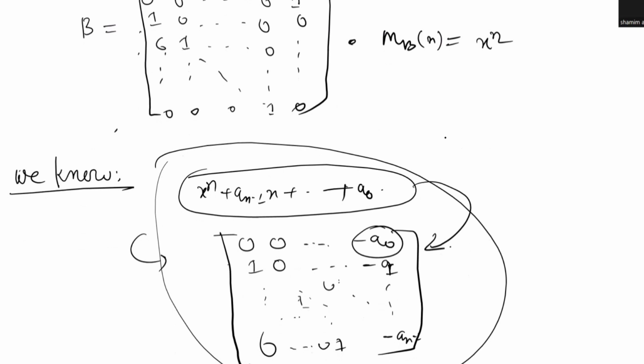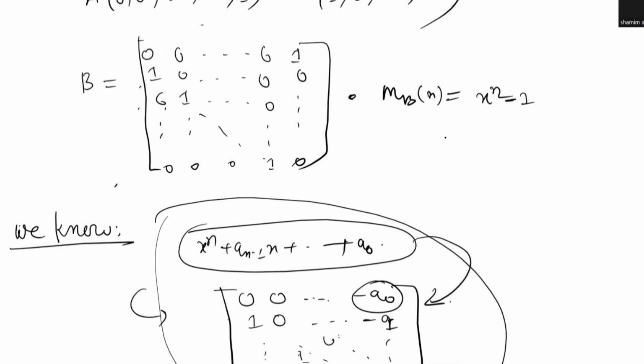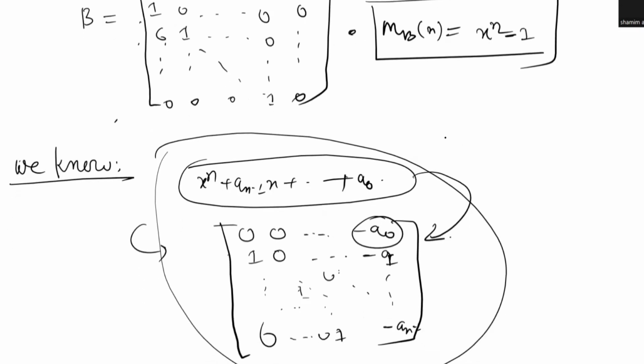So this is equal to x^n - 1, and this is the minimal polynomial of B. Now find the roots. If we find the roots of the minimal polynomial, we have the eigenvalues. So x^n - 1 = 0, that is x^n = 1, so we have the roots of unity.